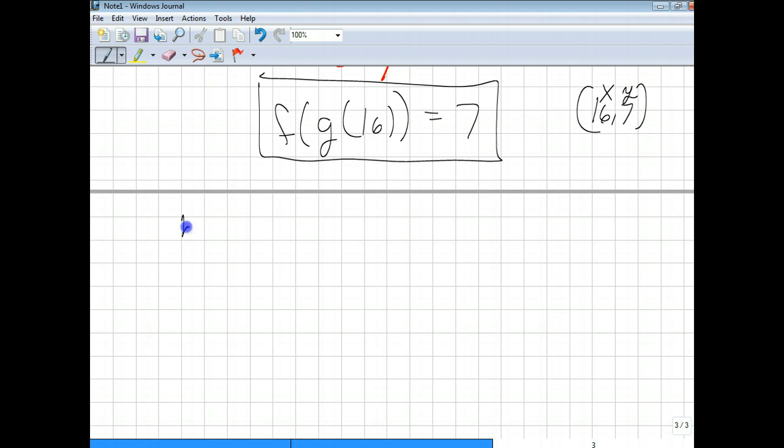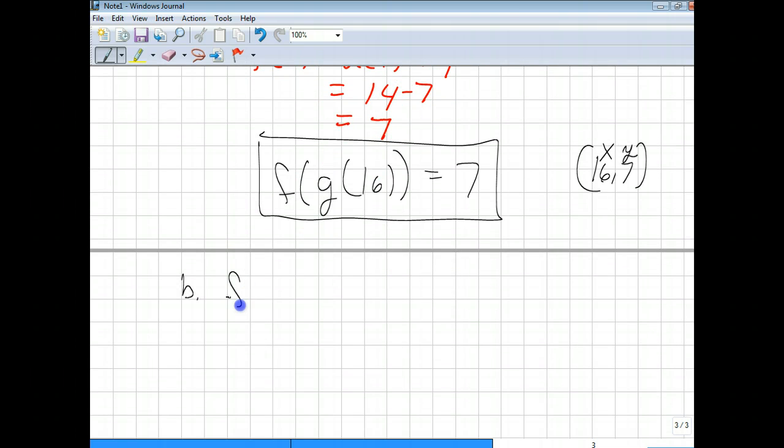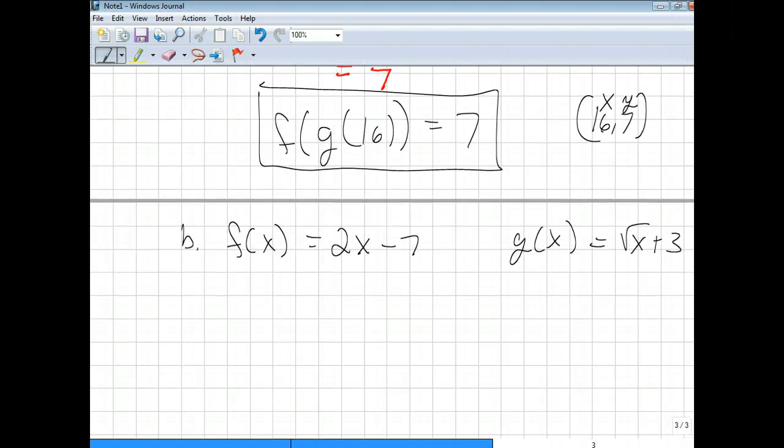Okay, B. So again, using the same two functions, f of x equals 2x minus 7, and g of x equals the square root of x plus 3. And now I'm going to do g of f of 8.